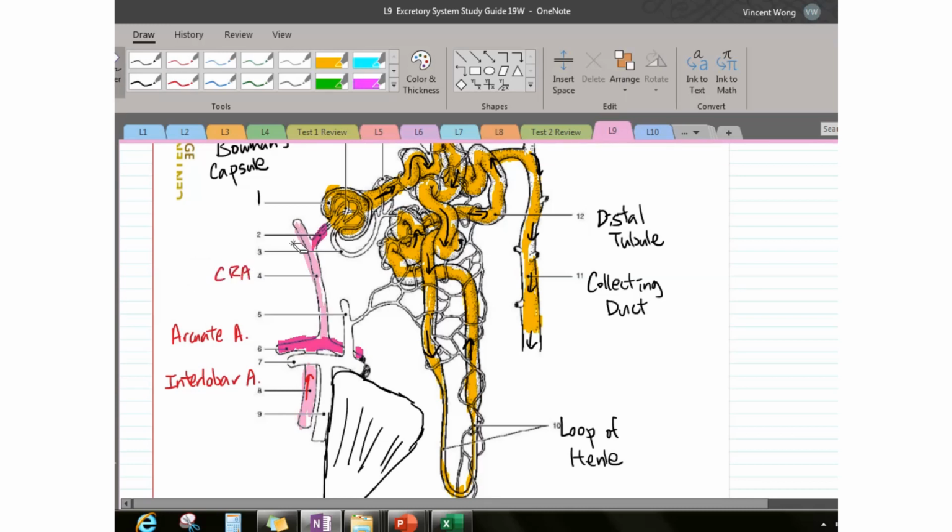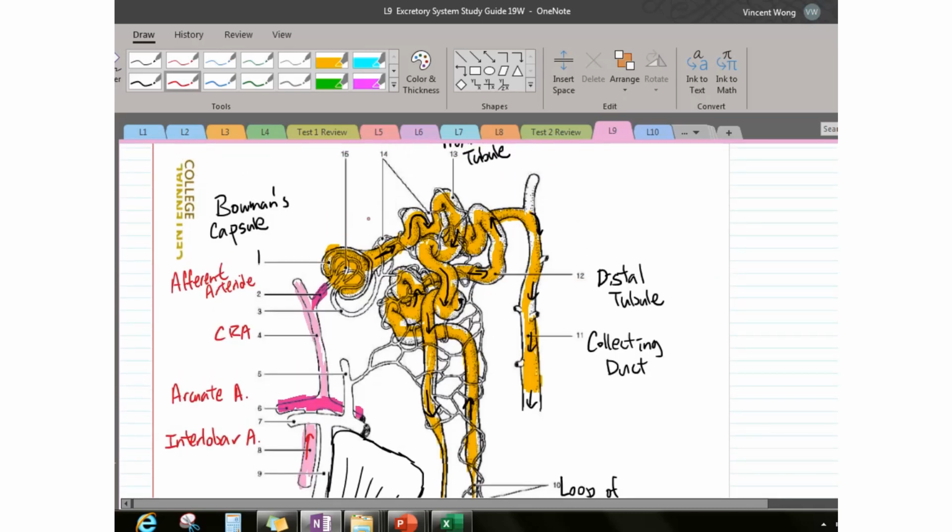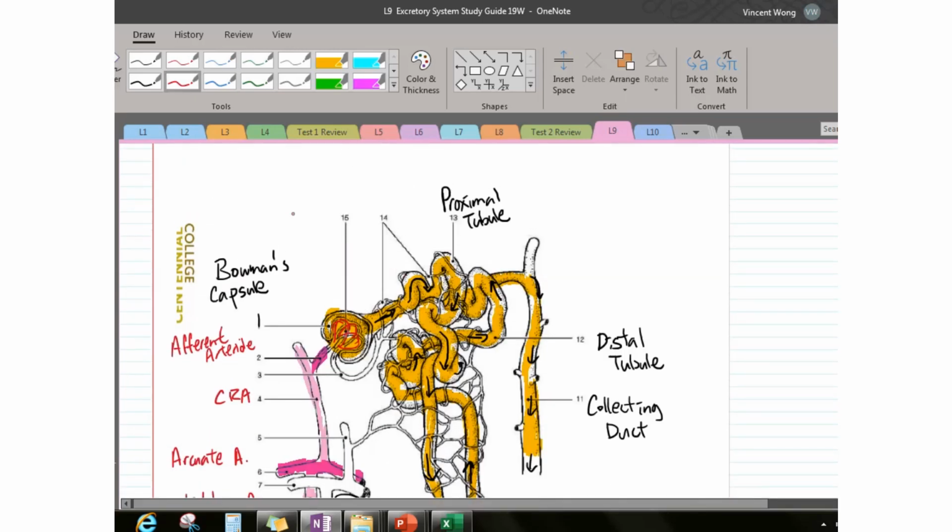And from the cortical radial artery, you will have the afferent arteriole that will go into the Bowman's capsule. And inside the Bowman's capsule, it's going to become this network of capillaries. We call that the glomerulus.